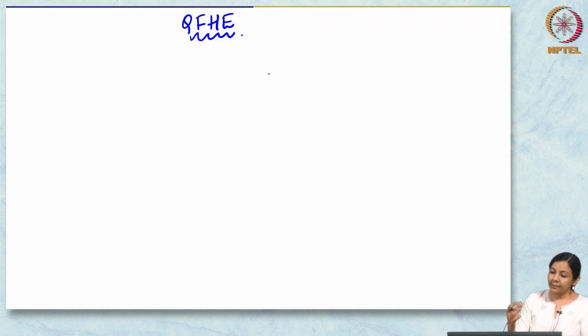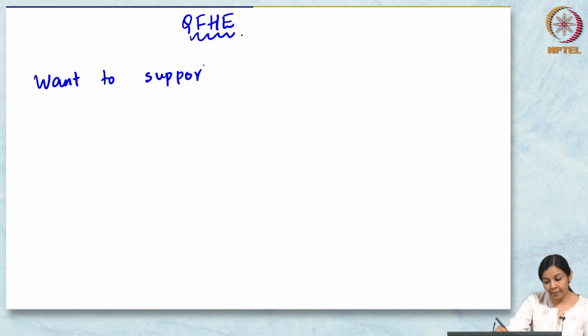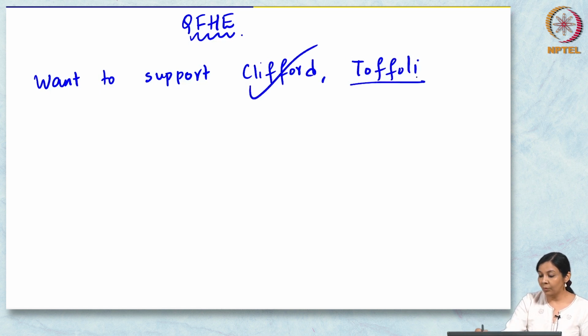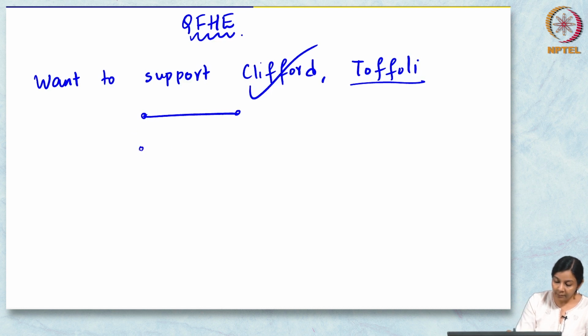Once again, we said we want to support Clifford and Toffoli, and this we already know how to do. It is also not a bad idea to recollect what this Toffoli gate is. It is a 3 input gate, A, B, C.